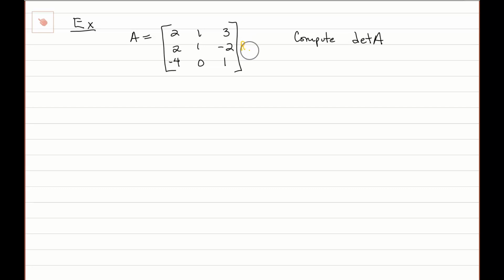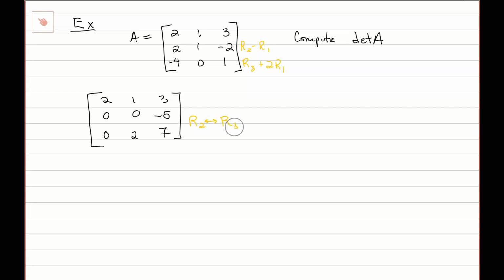So I'll do row 2 minus row 1 and row 3 plus 2 times row 1. And that will give me this. And from here, I see that if I make one row swap, so let's see, I'm going to do row 2 and row 3, I'll get a pivot in the 2, 2 entry, and the result will be this.